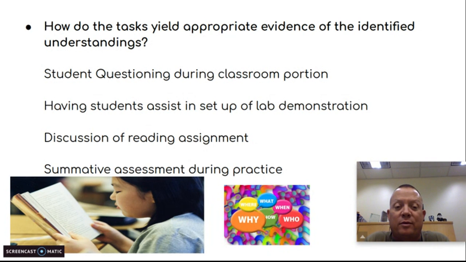For the most part, they really understood well the concept of the lab, why they were doing them, the importance, etc. Then we were able to have the students help us set up for the demonstration, which again pointed out evidence that how we set up the lesson with the videos and them actually seeing it for themselves, they were able to remember some of that and they would help us out. And then again, the discussion of reading.